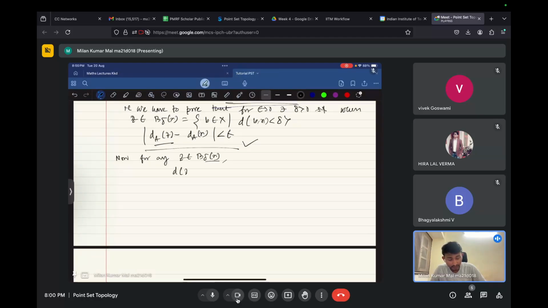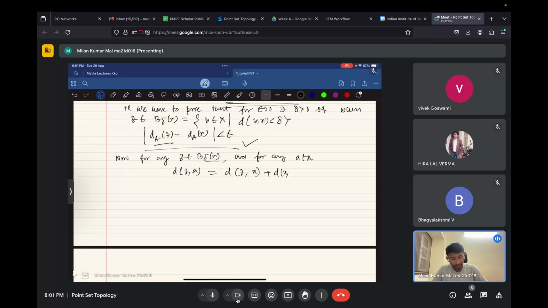Okay, for any z belongs to this B delta of x, what I want to prove is this. For any a coming from capital A, we can write d(z,a) is less than or equal to d(z,x) plus d(x,a). Z is coming from there.